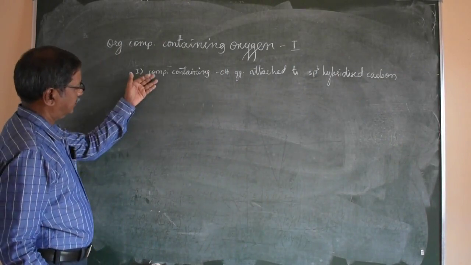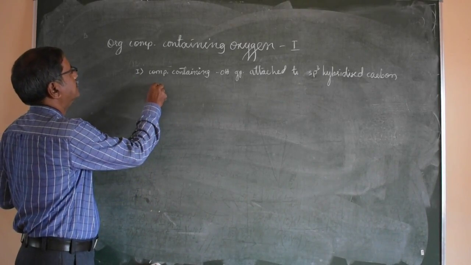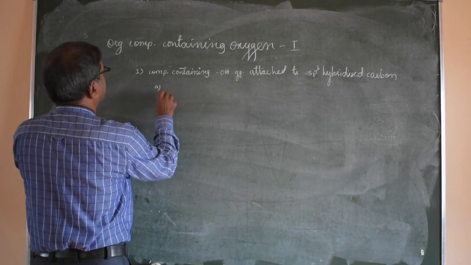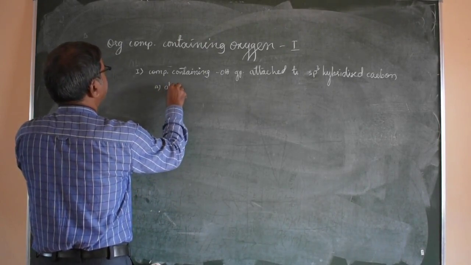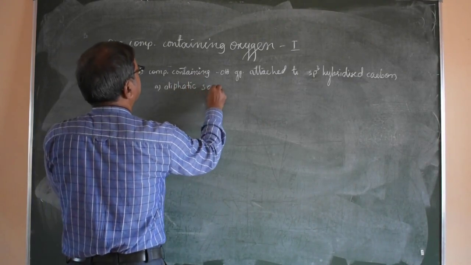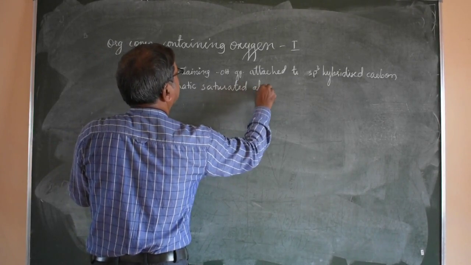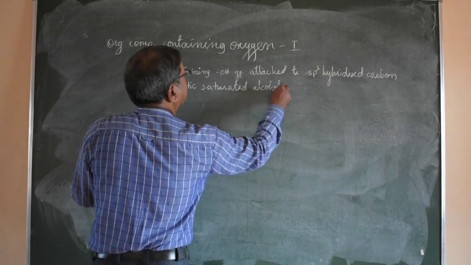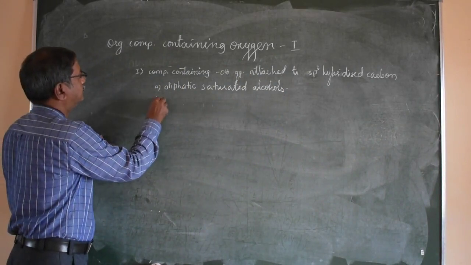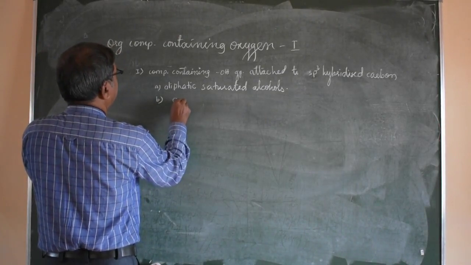Here again there are many types. One is saturated aliphatic alcohol. The second type is allylic alcohol.